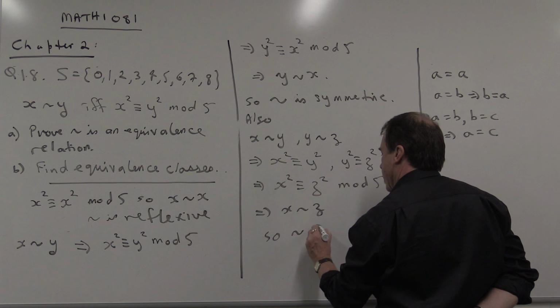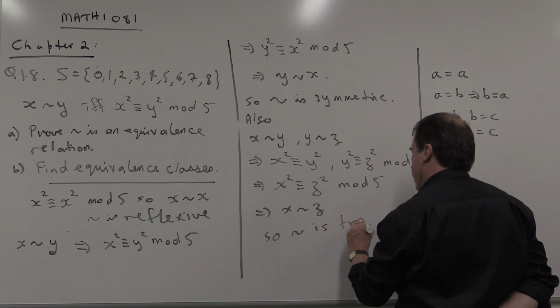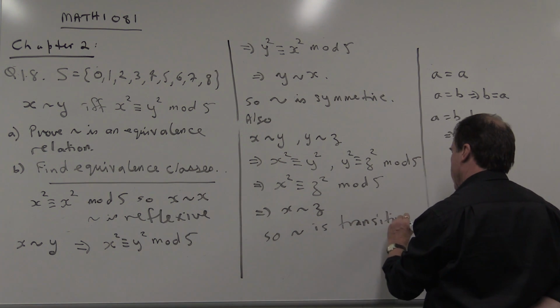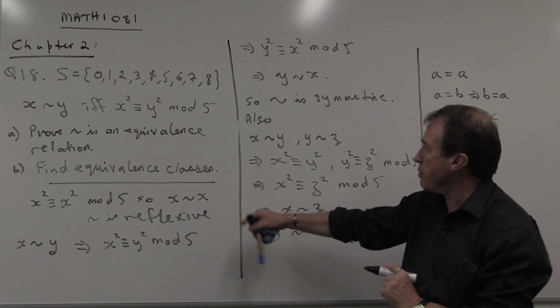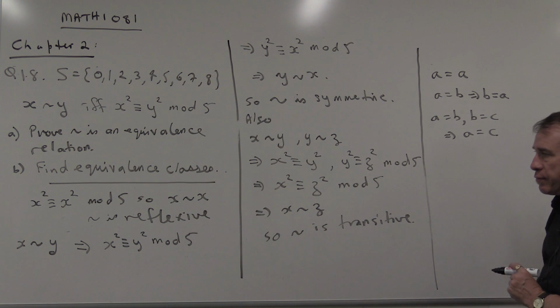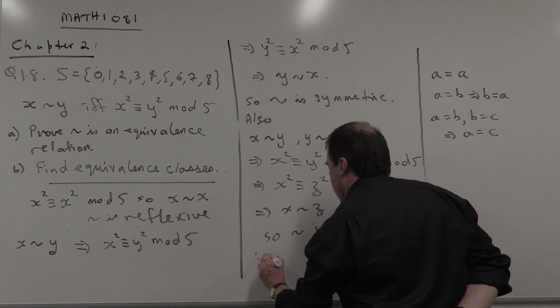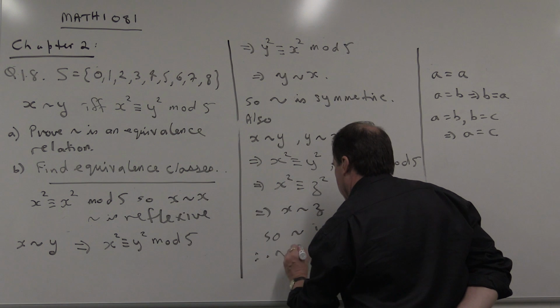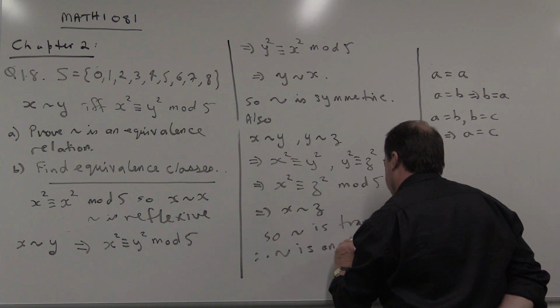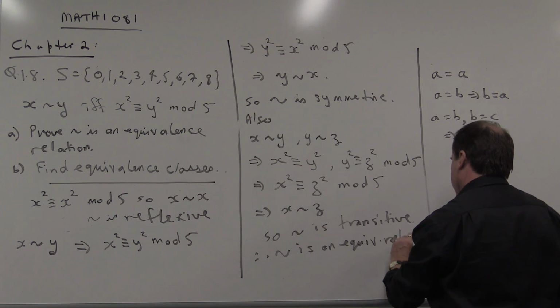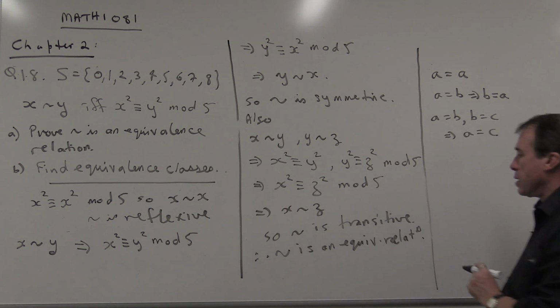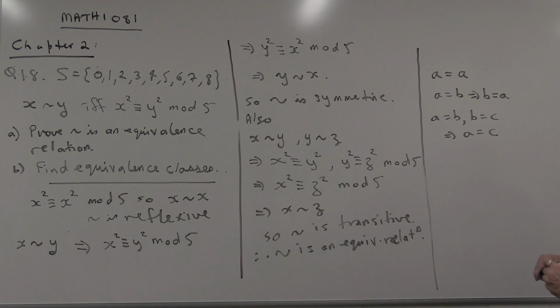So this is transitive, is the technical word. So we've proven that this relation is reflexive, symmetric, and transitive. And therefore, this symbol is an equivalence relation.